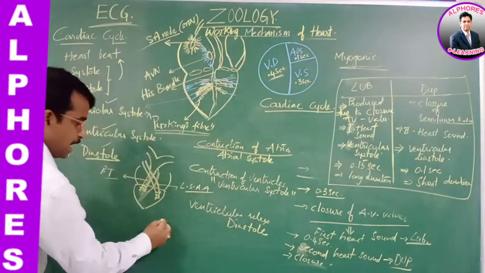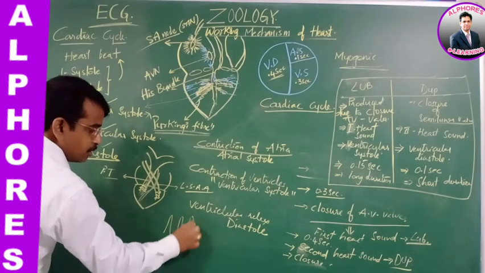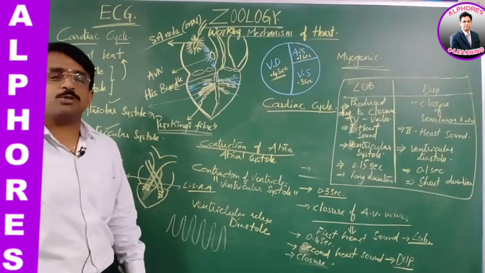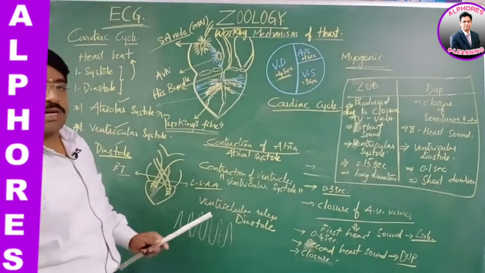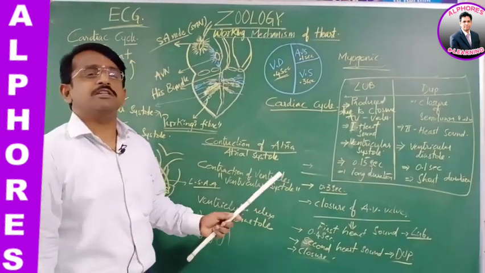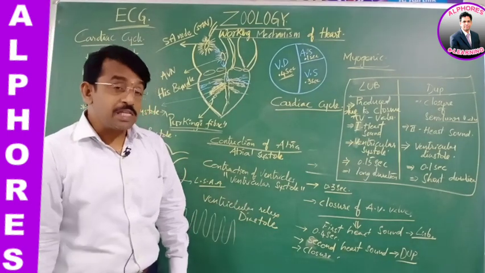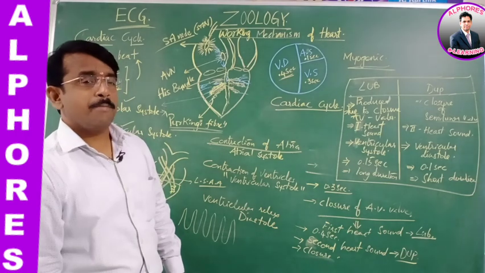What we see in the electrocardiogram, the wave that is moving, is named the isoelectric line. This isoelectric line may not be continuous, but else there is a gap.